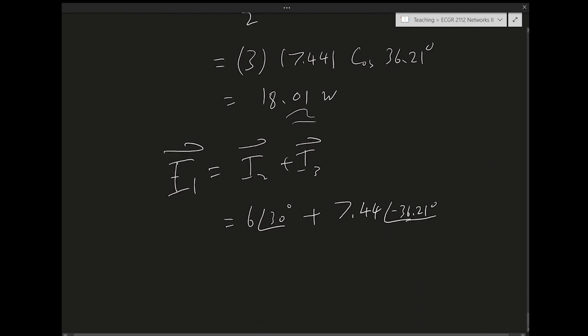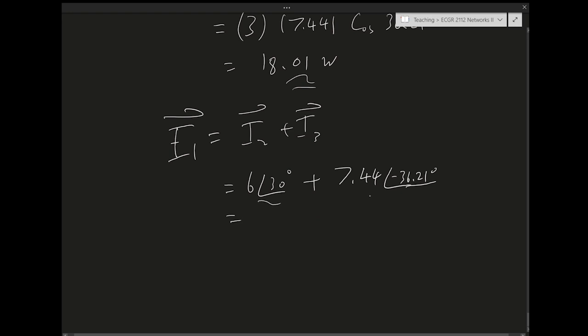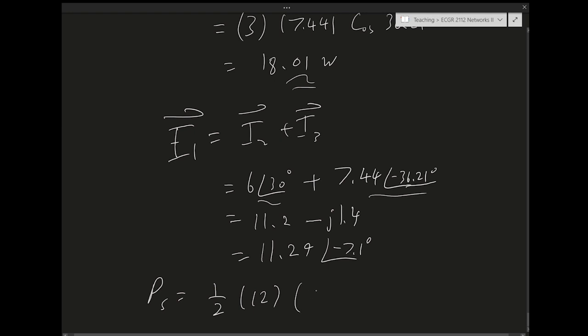Now it's just a matter of converting each one of those into rectangular form and summing. I end up with 11.2 minus j1.4. Turn it back to polar. I end up with 11.29 at minus 7.1 degrees.